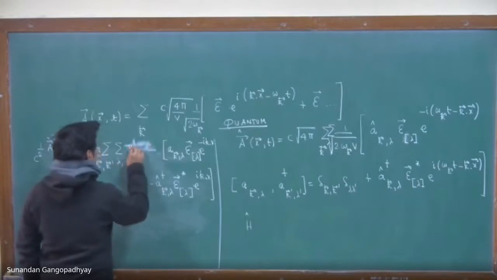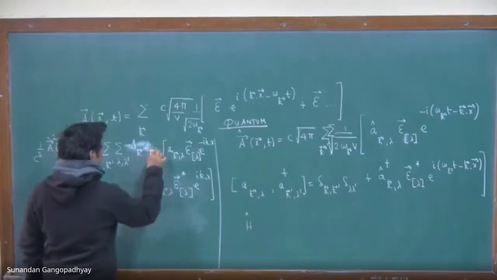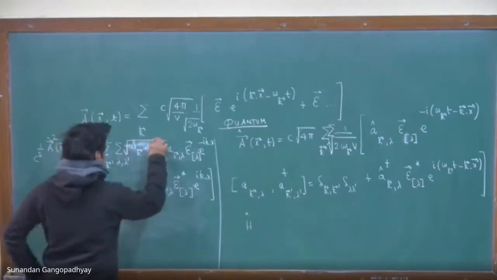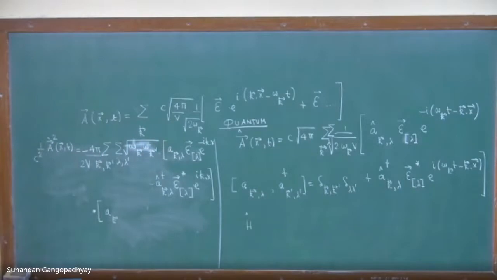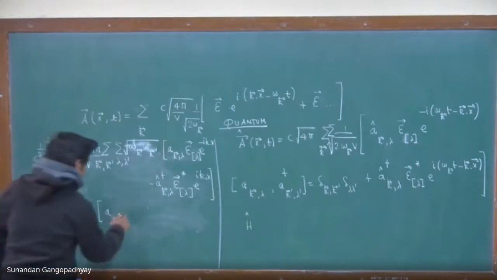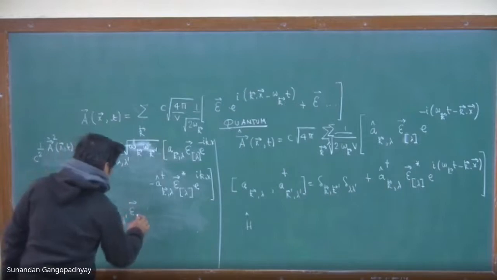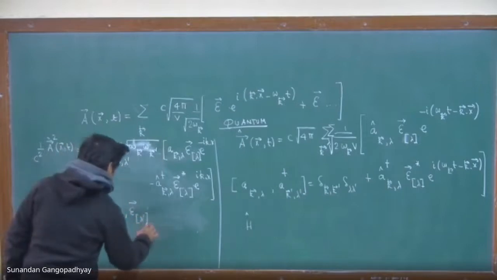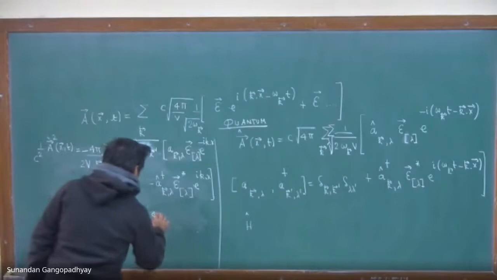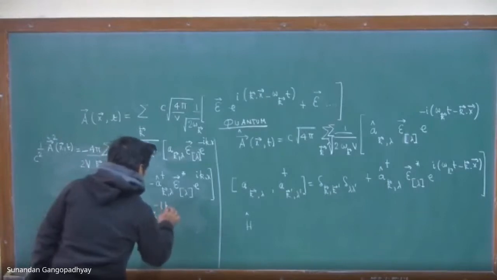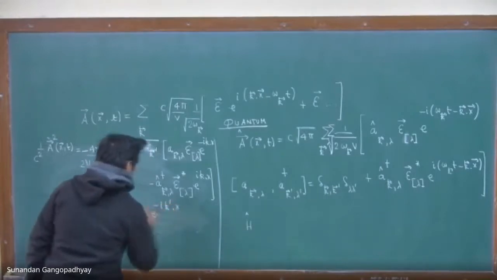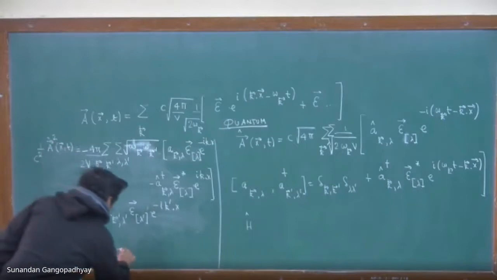So this will become omega k prime root. Okay, and then we will have a k prime comma lambda prime epsilon lambda prime e to the power of minus i k prime dot x minus a.